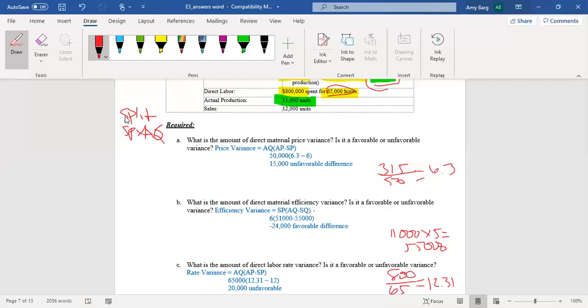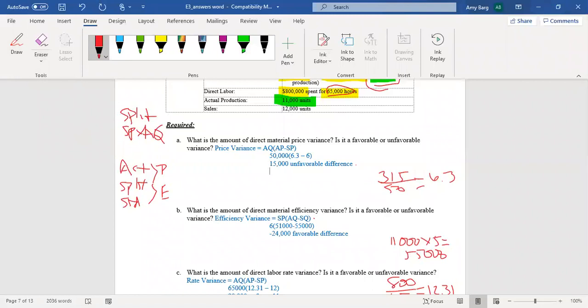There was the actual, the split, and then the standard. The difference between the actual and the split was the price variance, and the difference between the split and the standard was the efficiency variance. So we can do that instead. You don't have to do it both ways, but you could do it this way instead. It's just a different way of getting to the same answer.